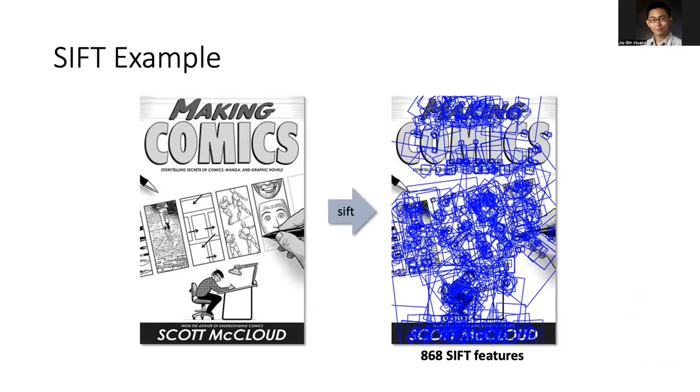Imagine I want to find an object in this image, and I have something in mind, like this cover. The image I am querying may be occluded, with some parts hidden. But that's okay because my features are local, so I can still find the matches within the available features I can detect.